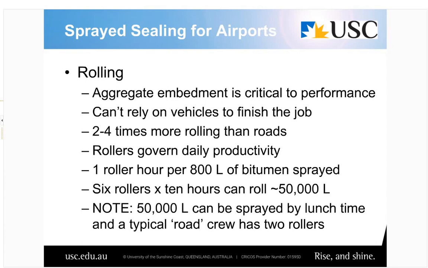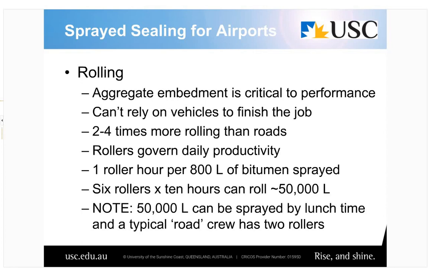My view is if you want to completely avoid cutter, which is always my recommendation, then you really need to be above a pavement temperature of 25 degrees, which unless you're in Western New South Wales or the southern half of the country, you'll get almost immediately as soon as the sun hits the pavement surface. All of the spray sealing crews have little infrared temperature guns, and they can tell you exactly when that is. Certainly, if you're sealing your runway at the right time of the year, you won't have any issue getting temperature, or you shouldn't have anyway.